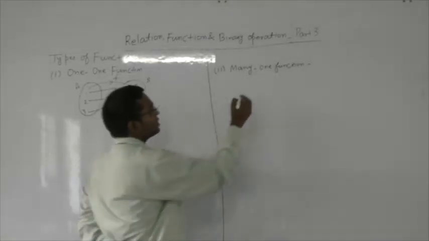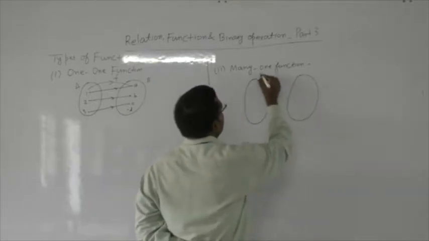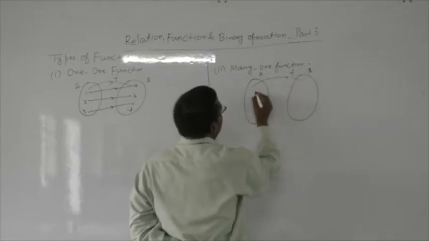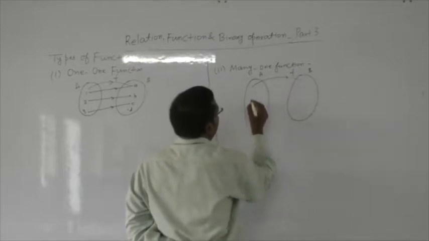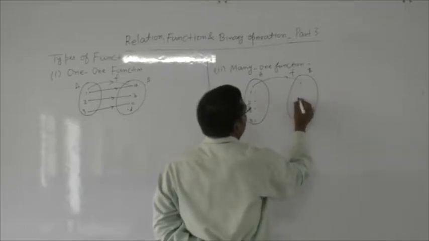Now let's see what is a many-one function. Suppose we have two sets A and B, and a function is being defined. Here we have some elements, and here we have some elements.